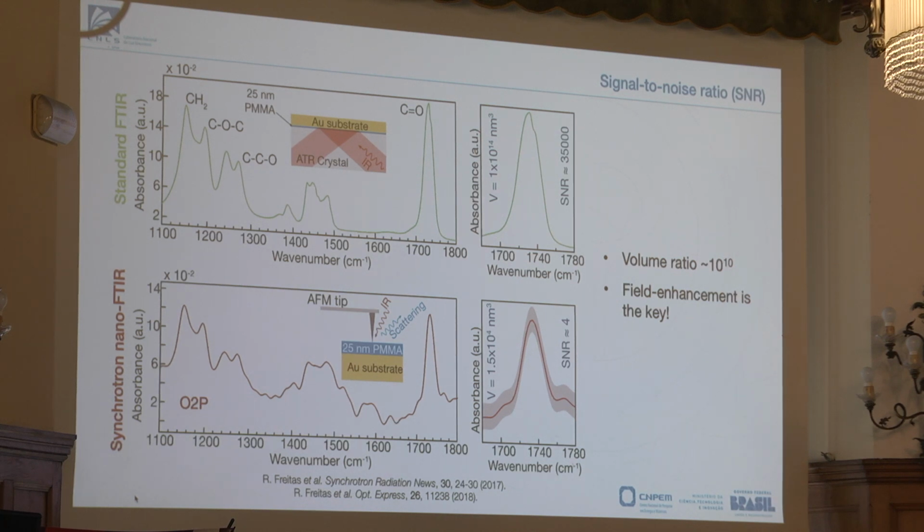So you really need the field enhancement at the tip to access this kind of information. This is a message that I bring to the users every time they are a little upset that the spectrum doesn't look good at the nanoscale, but it is good.